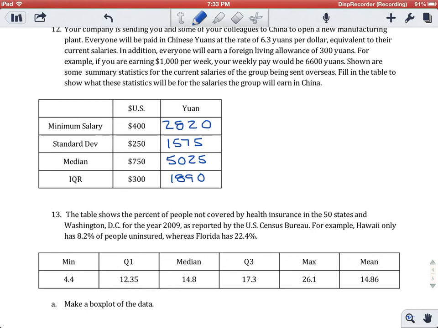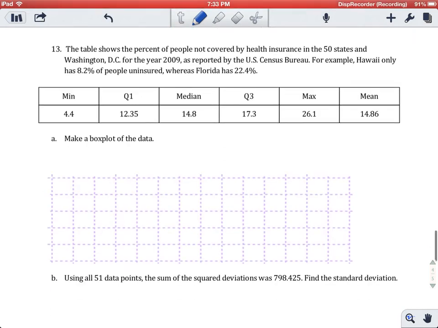I think everybody had success on number 12. Number 13. A lot of people got the idea that you should have been looking for an upper fence and a lower fence. Got that part. But then they drew their box plot incorrectly.